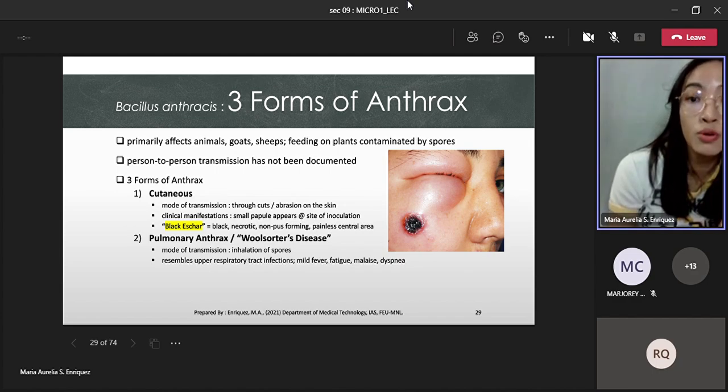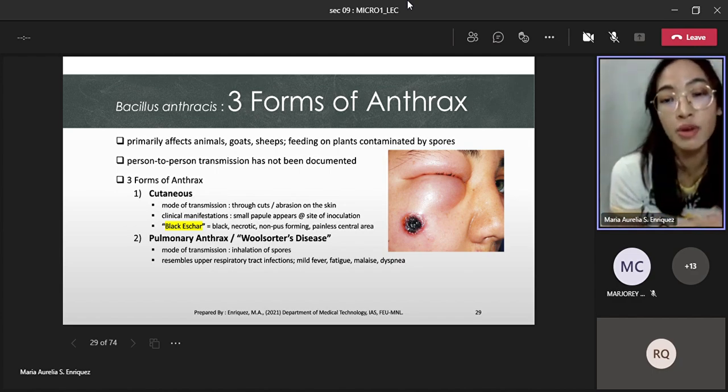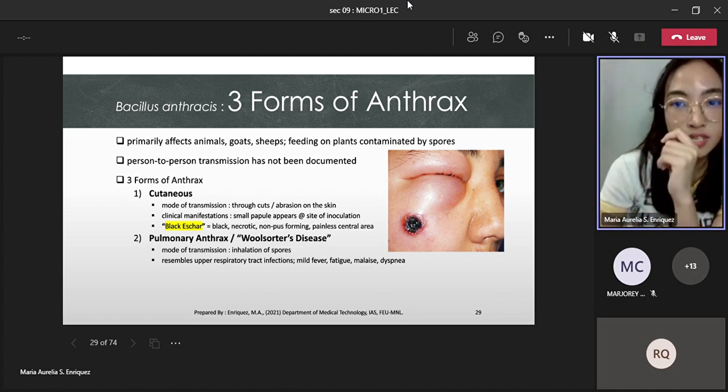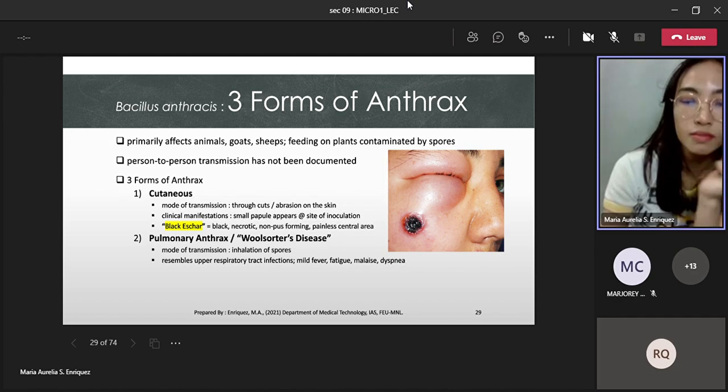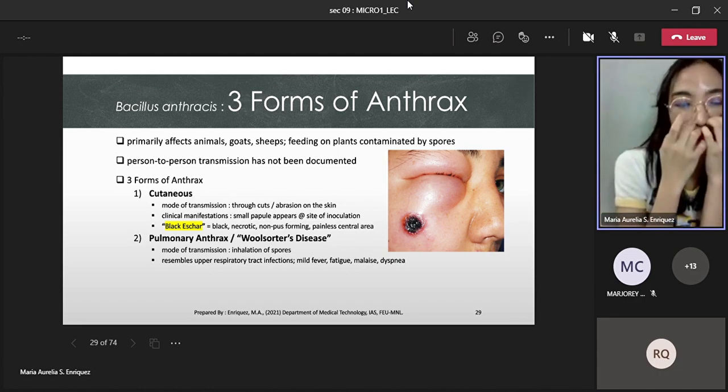And third one is pleural effusion. So pleural effusion is the buildup of excess fluid between the layers of the pleura and the outside of the lungs. So in simpler terms, magkakaroon po ng tubig sa paligid ng baga ng pasyente. Okay? So all of these would eventually progress to disorientation, coma, and death.